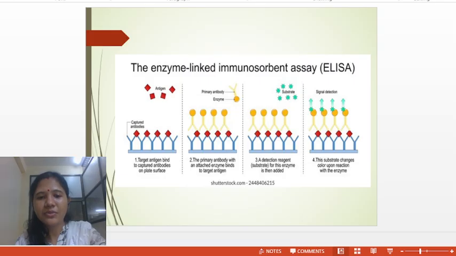The target antigen binds to the capture antibodies placed on the surface of the 96-well plate, then the primary antibodies will be attached to this antigen, and finally we will add the substrate for the enzyme, which will detect the signal of the reaction.